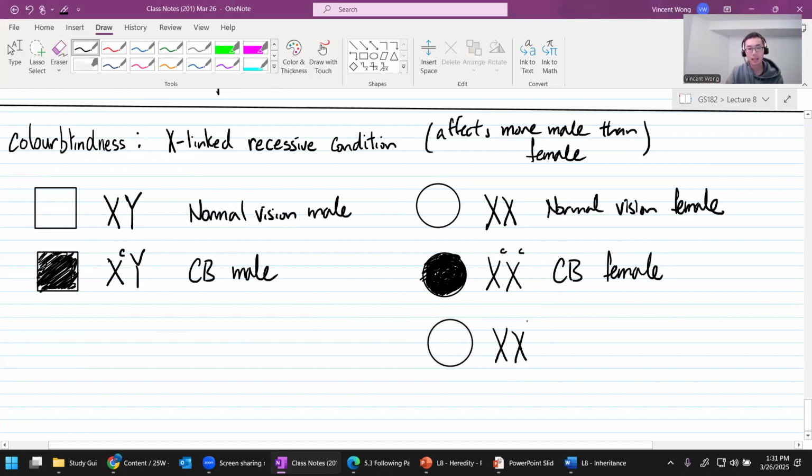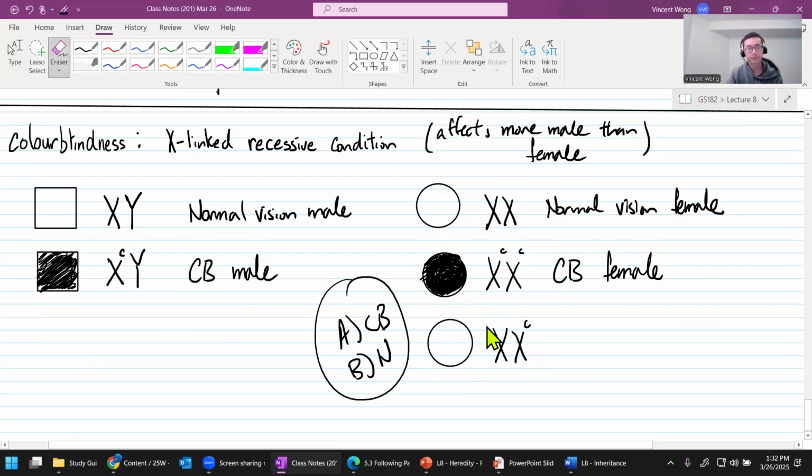What about this one, XXC? Are they colorblind or not colorblind? Let's do a poll. Remember, this is a recessive condition. If you think she's colorblind, choose A. If you think she's normal, B. Remember, this is an X-linked recessive condition.